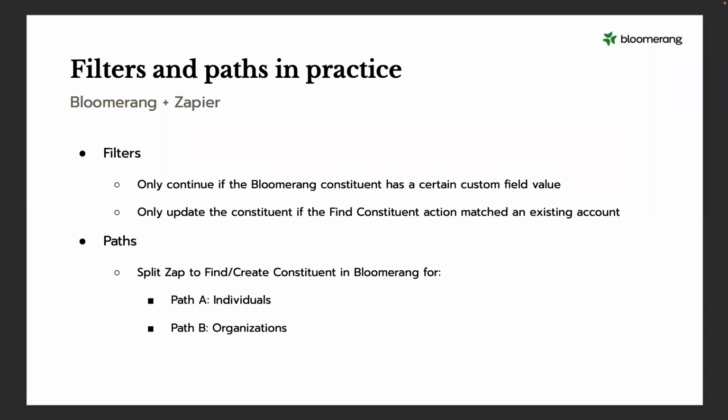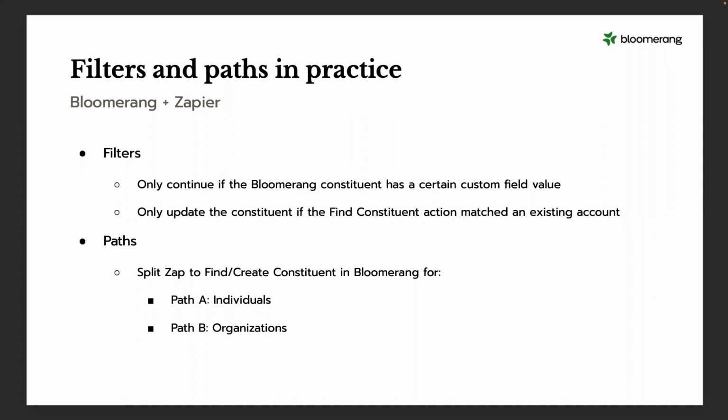Paths are most often used when syncing constituents into Bloomerang and your source application has both individual and company records. You'll need to use paths in order to successfully find or create individual versus organization constituents, as that cannot be accomplished in a single action in the Bloomerang Zapier app.